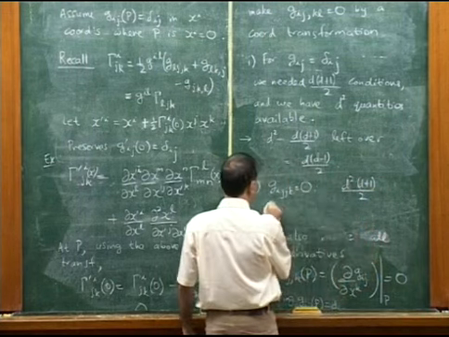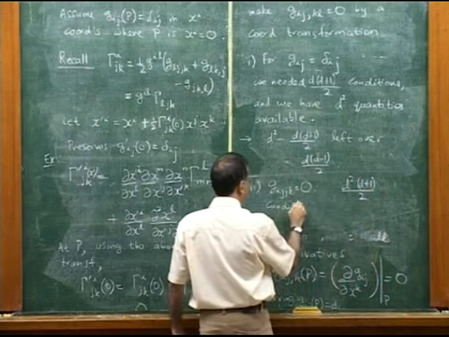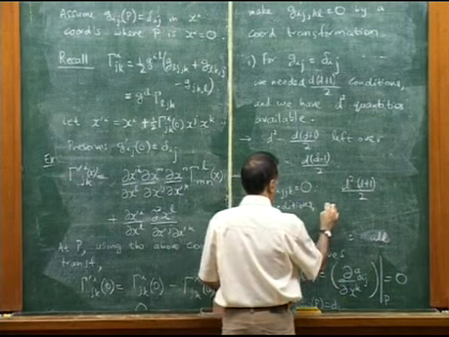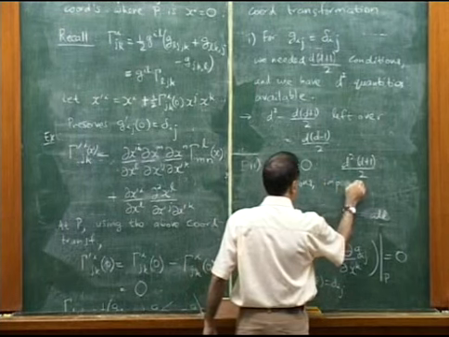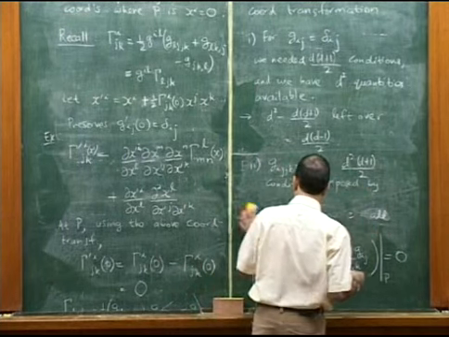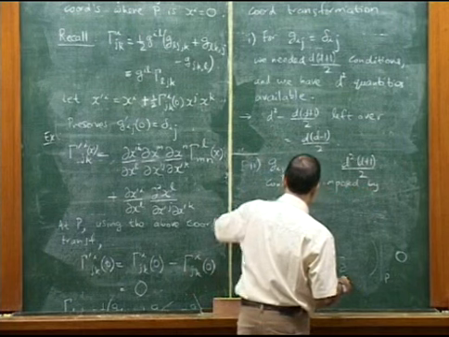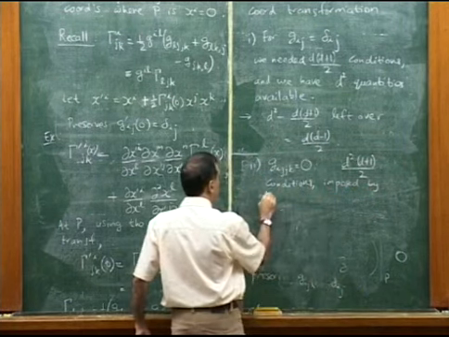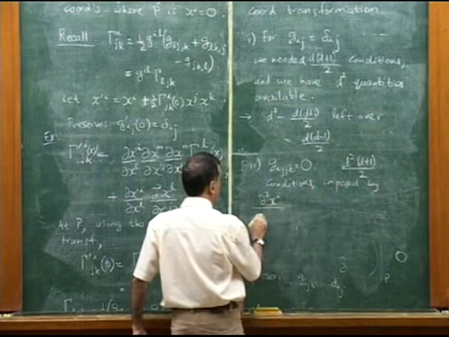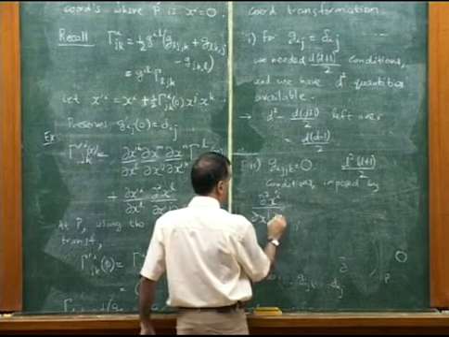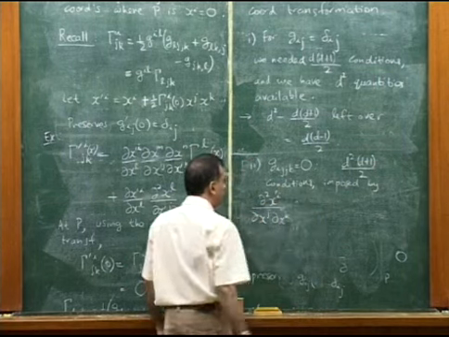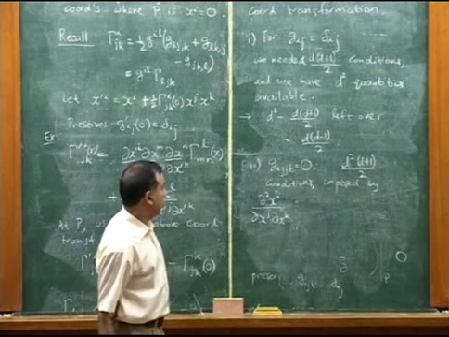Conditions. And this time they need to be imposed by the second order change of coordinates, del 2 x i by del x j del x k. How many quantities are these?